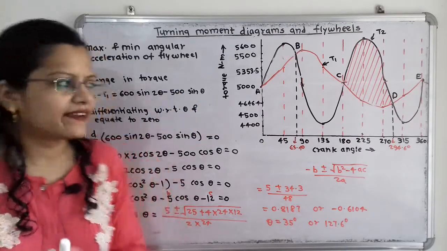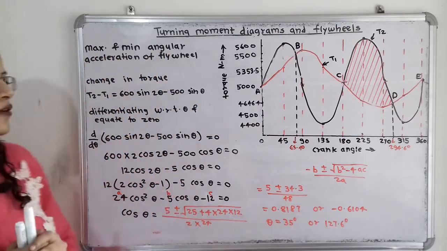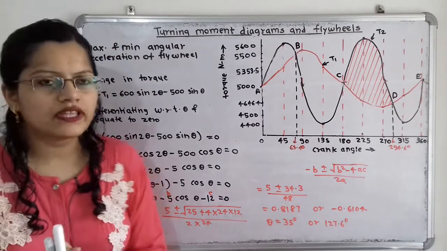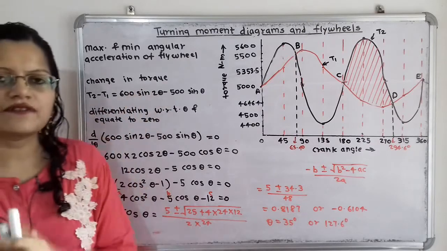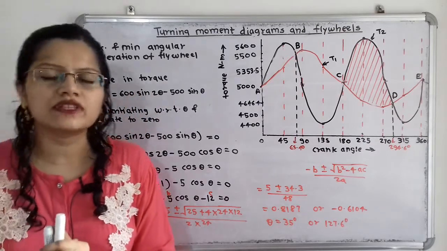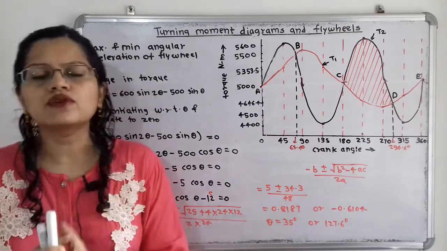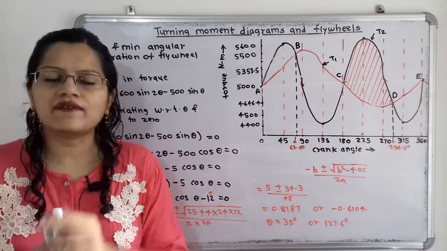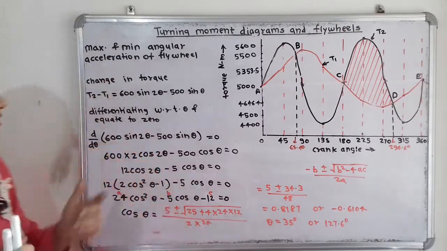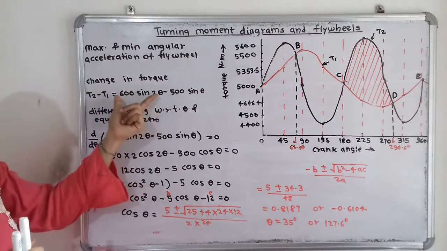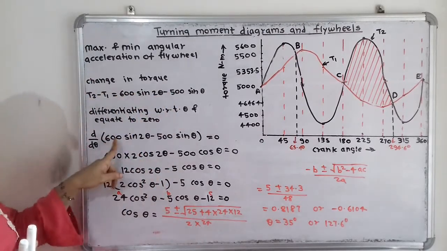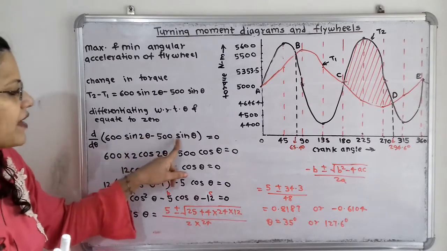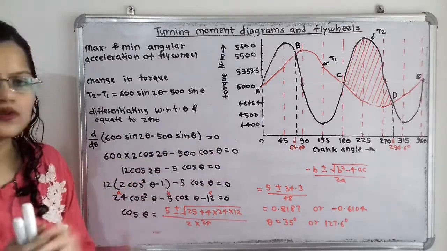To get the maximum and minimum angular acceleration, we differentiate this difference in torque with respect to theta and equate it to 0, and from that we get two angles for theta. So differentiating d by d theta of 600 sin 2 theta minus 500 sin theta, equal to 0.